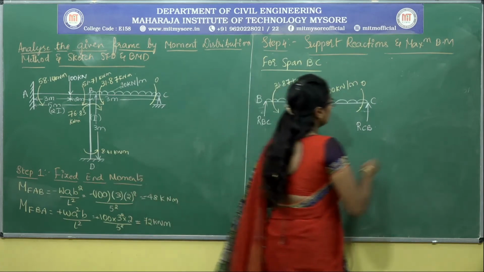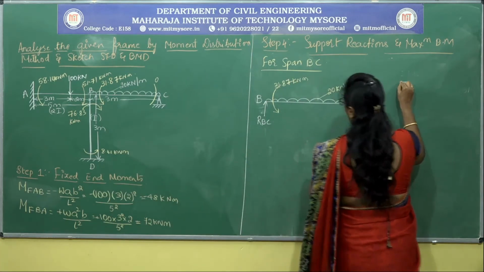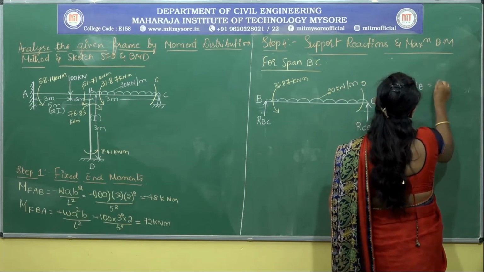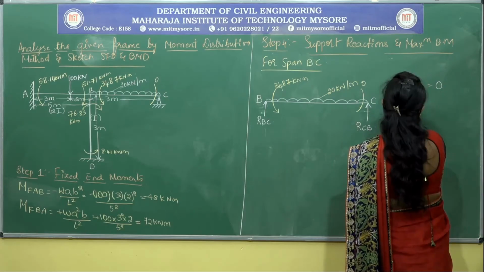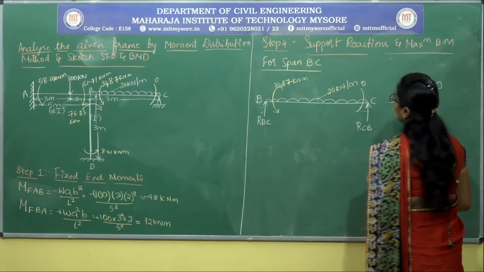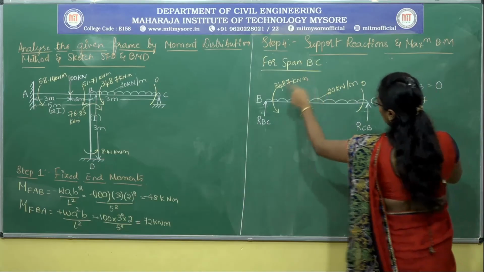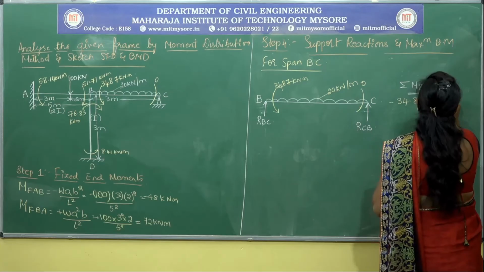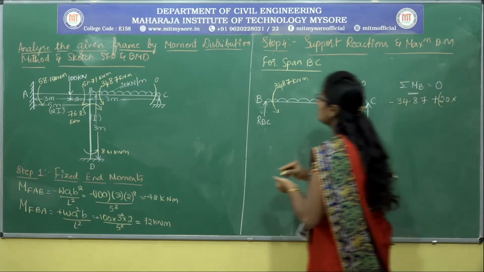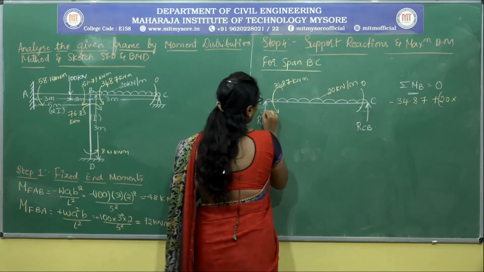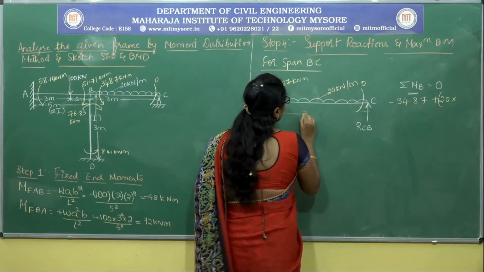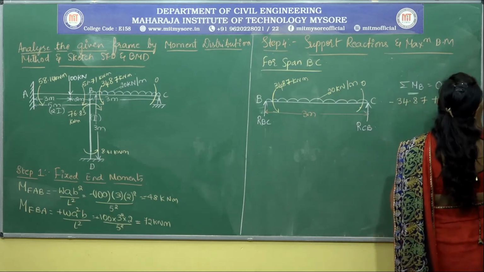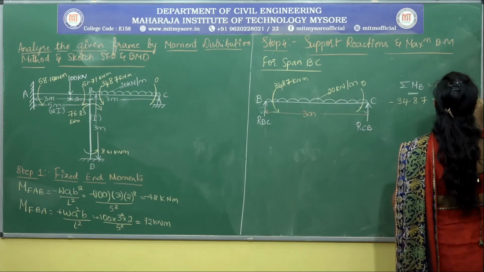Now, for this case we need to calculate RBC and RCB. So, I consider sum of all the moments at B equal to 0. Minus 34.87, it is acting anti-clockwise direction, plus 20 into the distance here is 3 meters, 20 into 3 into 3 by 2 is 1.5.